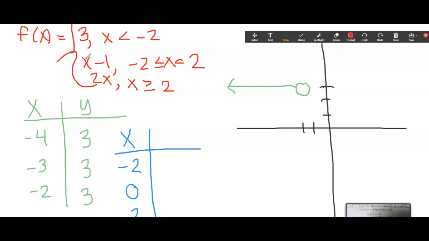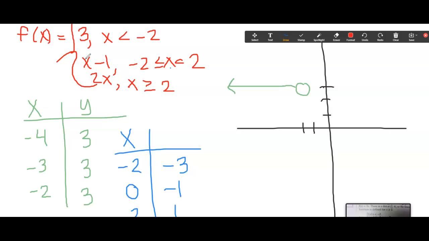So I'm going to plug those 3 points into my equation, and I get that x is negative 2, therefore y is negative 2 minus 1, or negative 3. Plugging in 0 to that x minus 1, you get negative 1. Plugging in 2 to x minus 1, you get 1.